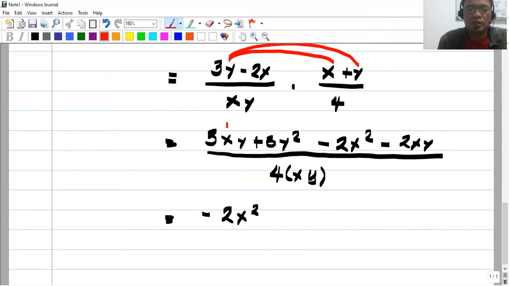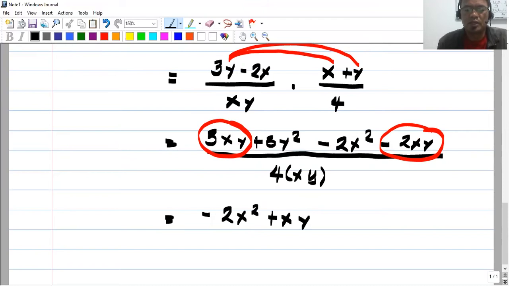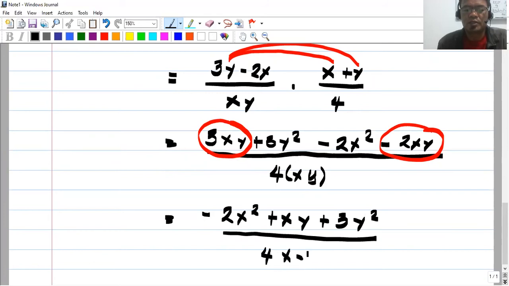These are similar terms, 3xy and negative 2xy. So 3xy minus 2xy is positive xy. So we have here plus xy and then plus 3y squared all over 4xy.